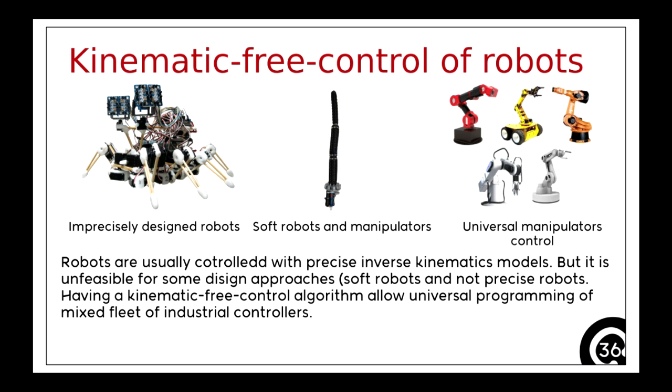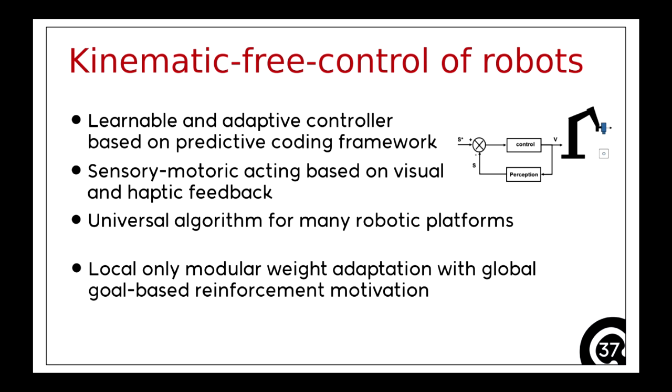With kinematic-free control, we can use spiking neural networks to control robots with reinforcement, with no big pre-training and just a few attempts.